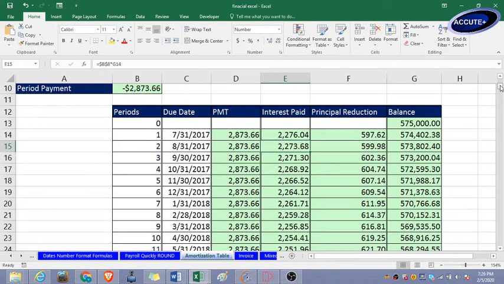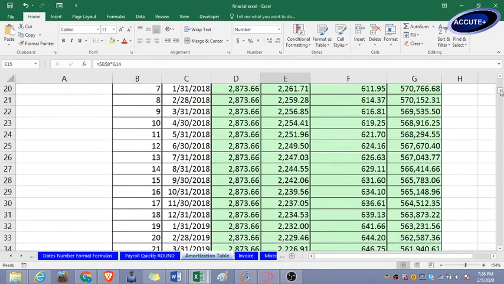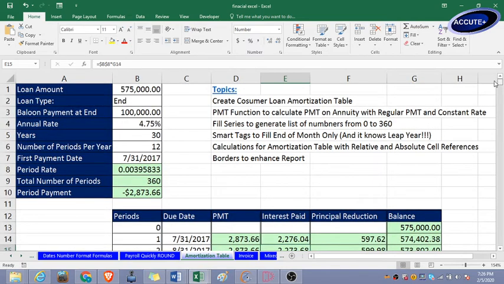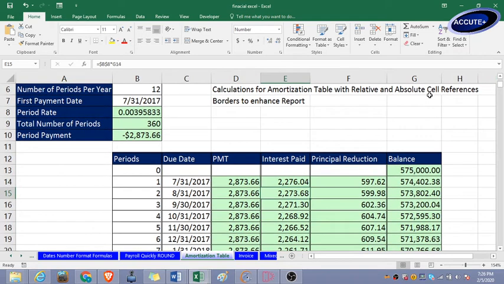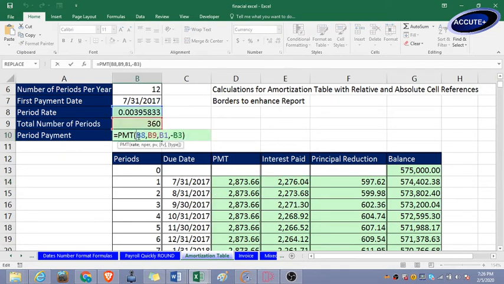Then if we look at the data here, we would probably want to round the data so that we have the numbers rounded off. So for instance, for this one we could round off the data to 2 decimal places, because that's what's used in accounting.